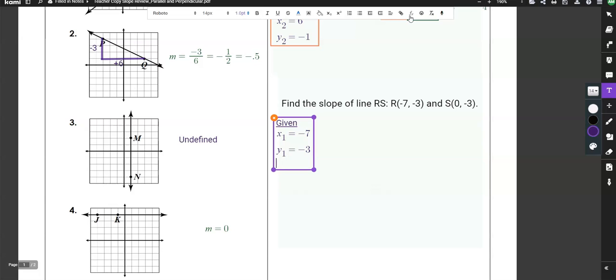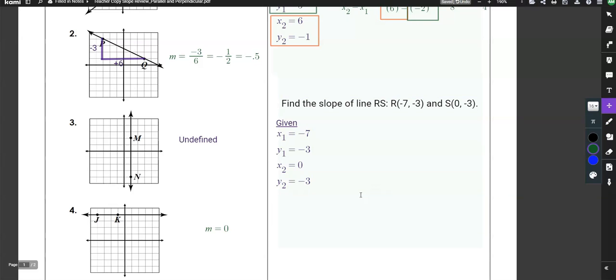And then we have our x2, which is going to be 0, and our y2, which is going to be -3. Then we're going to substitute this information into our formula. Lowercase m is going to be equal to y2 minus y1 over x2 minus x1.